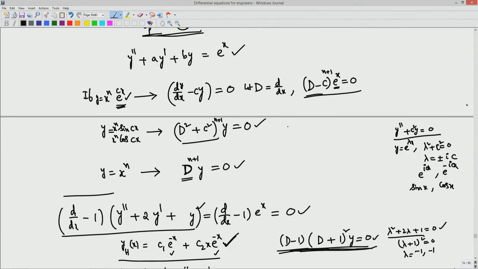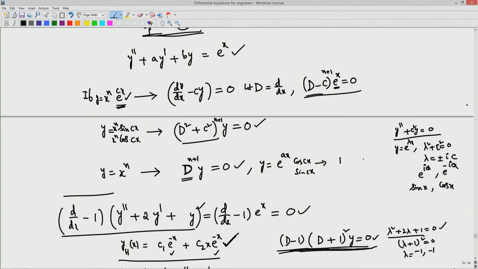Another combination you can have is y equal to e power ax into cos cx or sin cx. You can guess this annihilator.